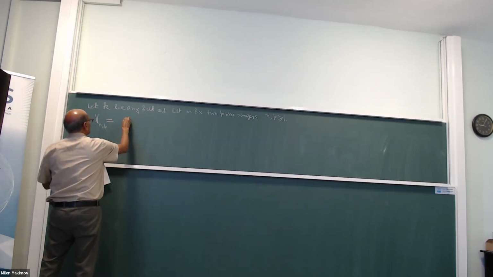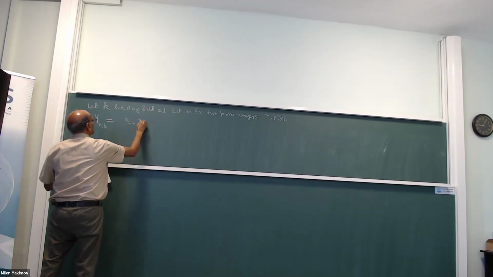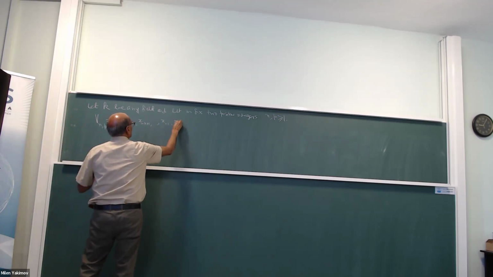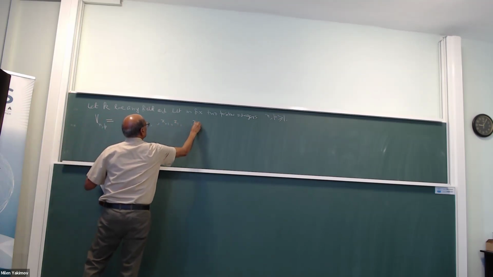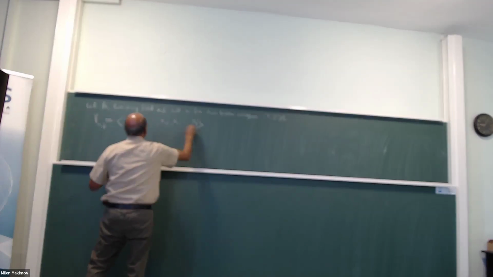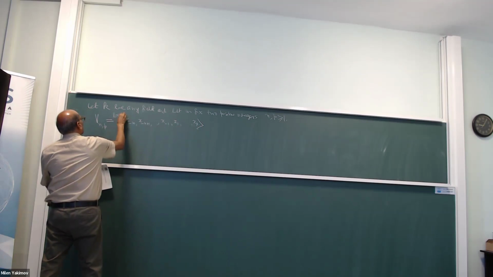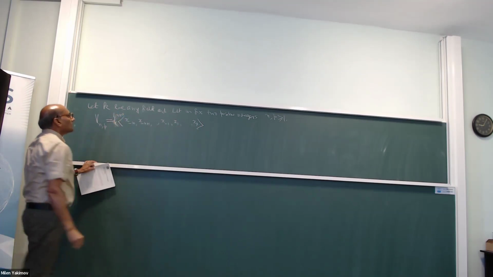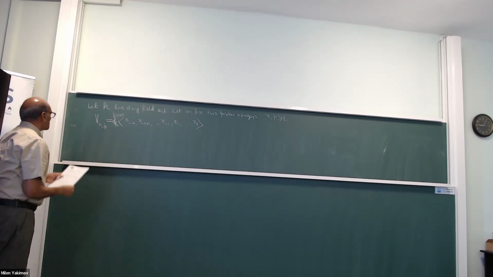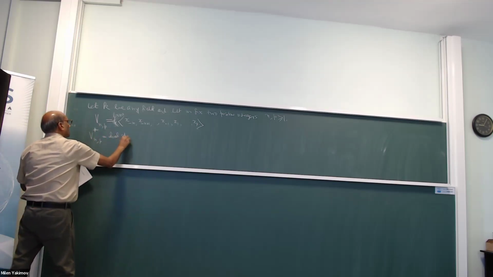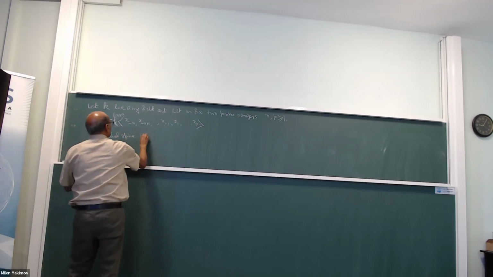It's a space with basis x_{-n+1}, up to x_{-1}, and then x_1, x_2, and so on. This is the K basis. So I take this vector space and let's take its dual space, with dual basis.